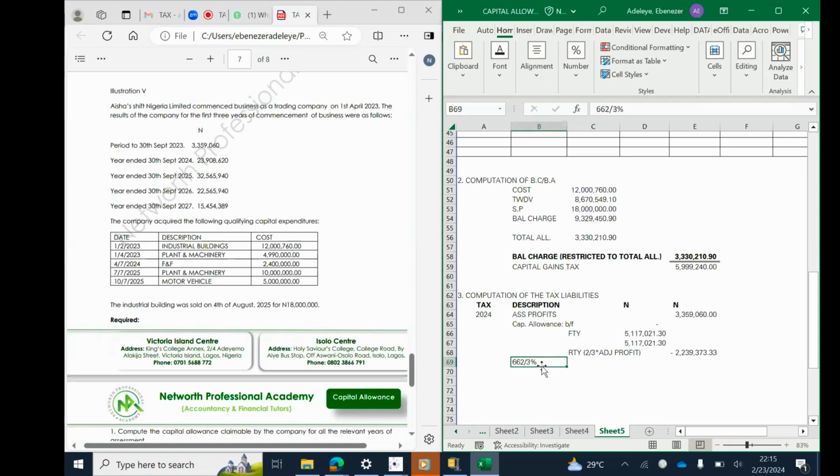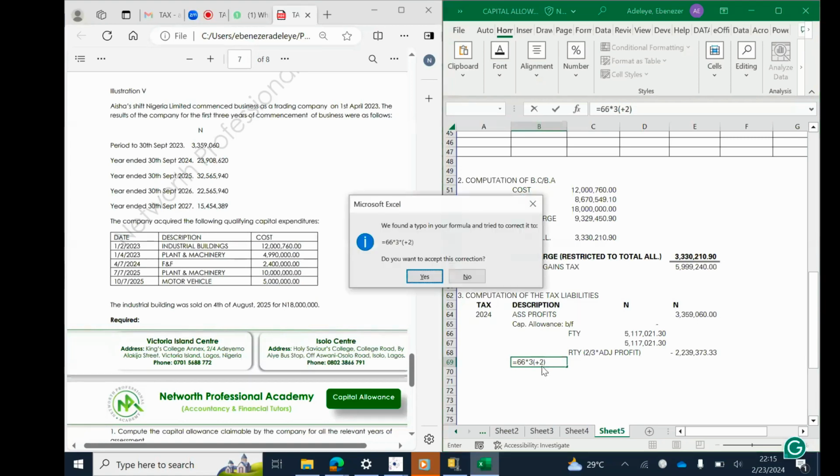You can try to compute it. So 66 times, or how do we even do that fraction then, Seth? For us to convert it, we'll say 66 times 3, plus 2, right? Divide by 3.